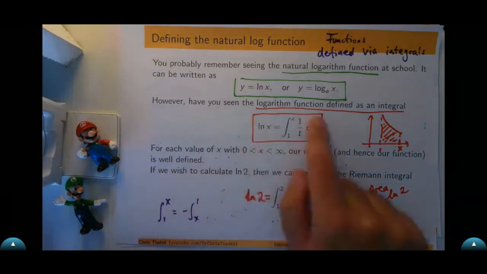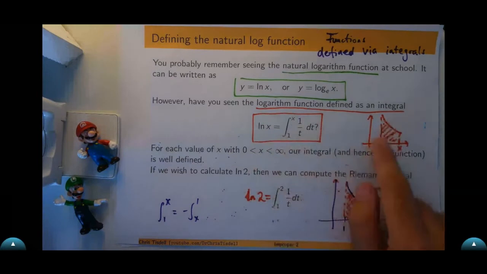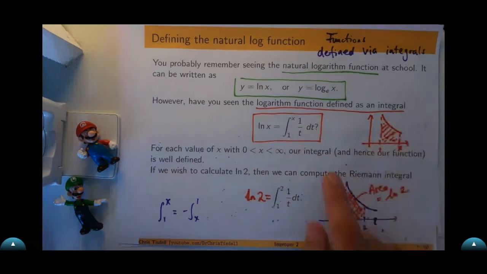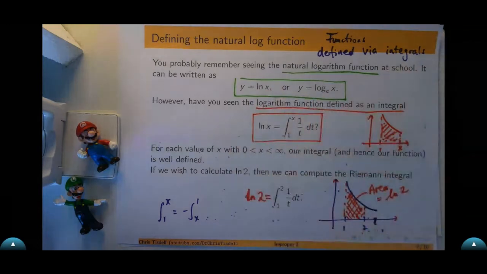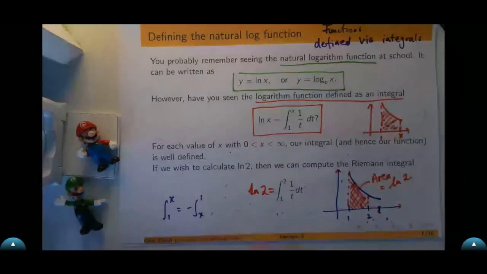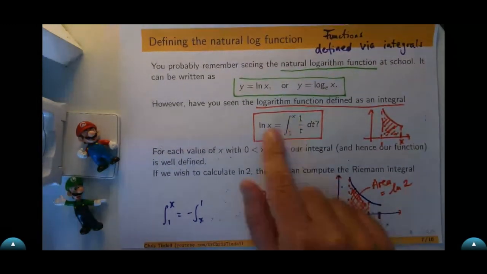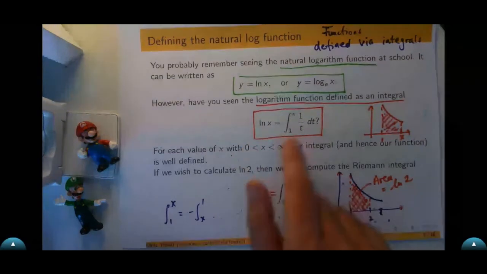This is kind of cool because you're really just relating it with area under a curve, which is excellent, right? Whereas at school, you were saying, well, maybe the logarithm function is the inverse of the exponential function. Well, that tells you a little bit, but not as much as something like this.